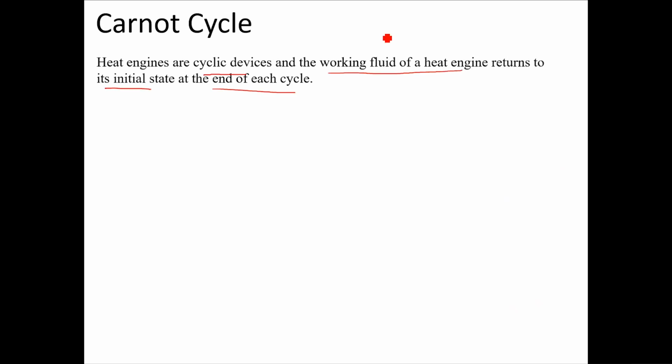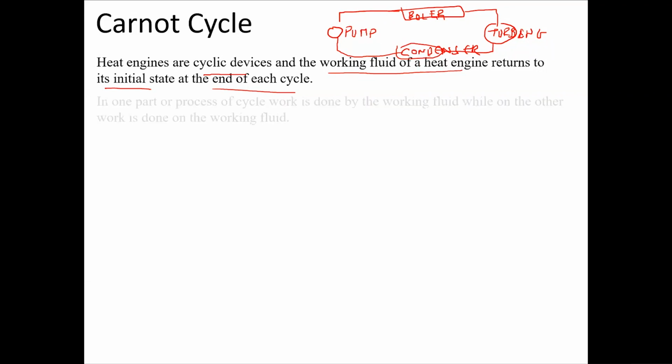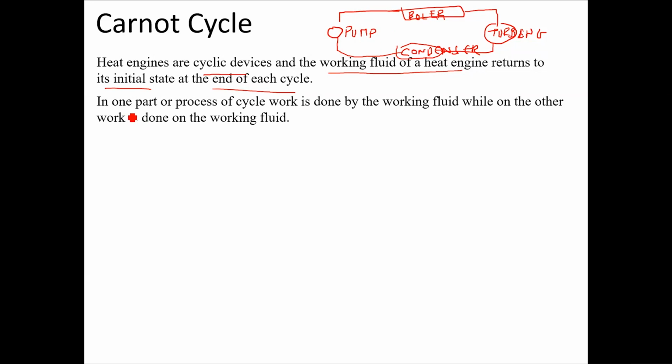Moving on towards the Carnot cycle. Engines operate on a cycle. If you remember, you had a pump, you had the boiler, then you had a turbine, and then you had the condenser. So you had basically four components. In one part of the cycle, work is done by the working fluid.